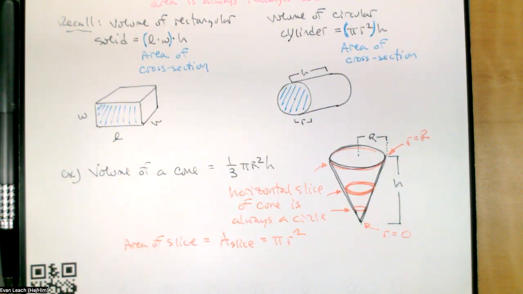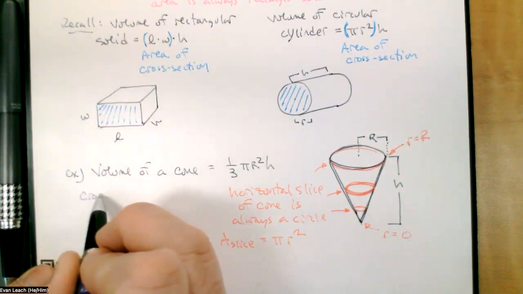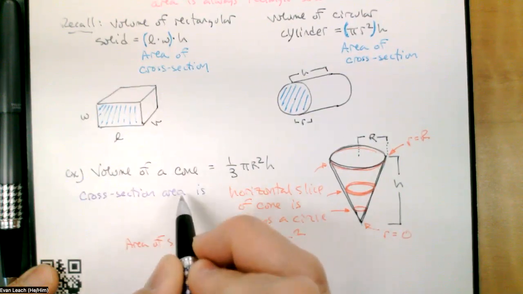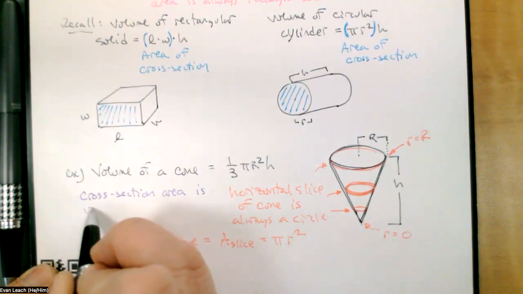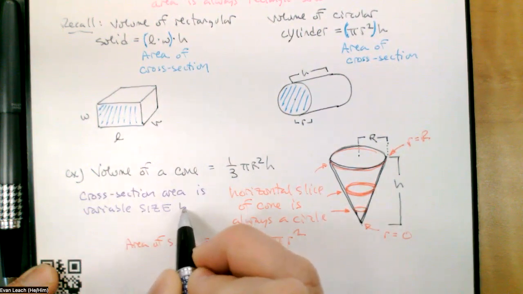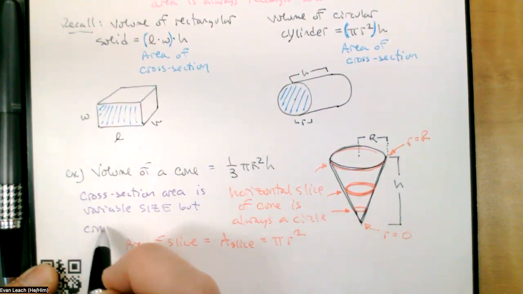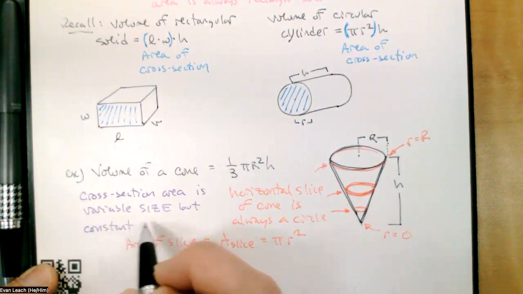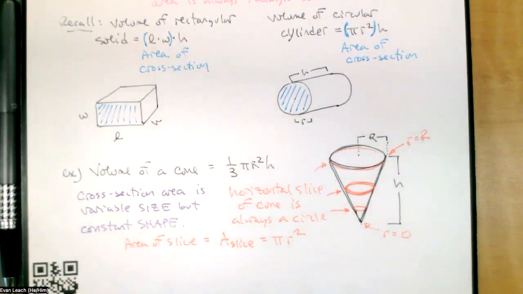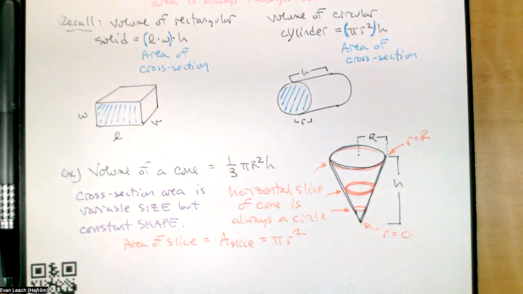This is what I meant when we are going to be our slices, our cross-sectional area will be variable size, but the same shape, constant shape.